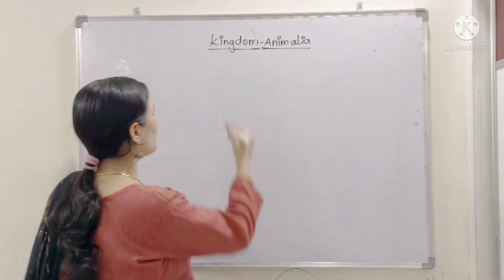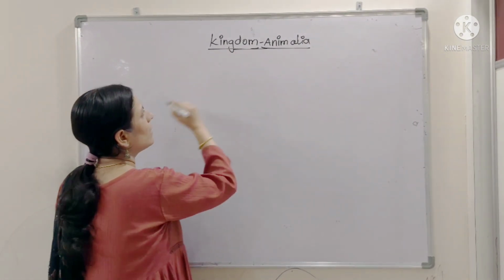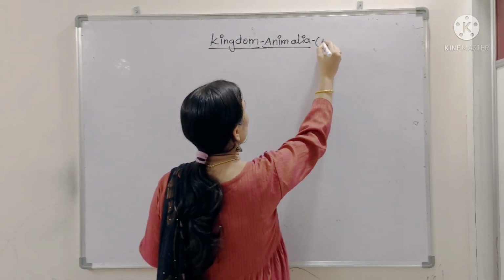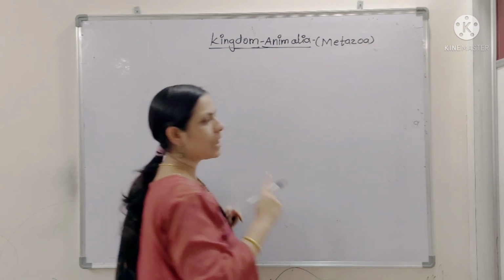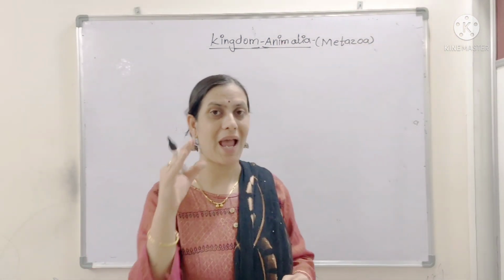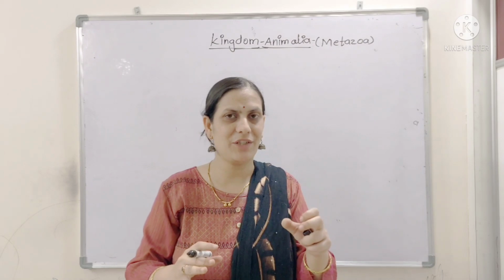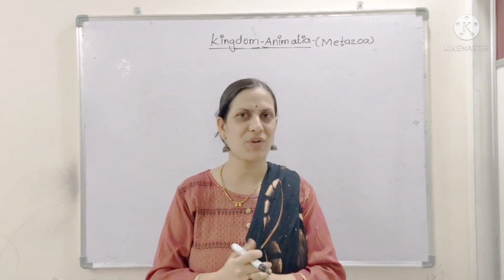Kingdom Animalia is also known as metazoa. To call one living entity an animal, that living entity should fulfill 3 different criteria.